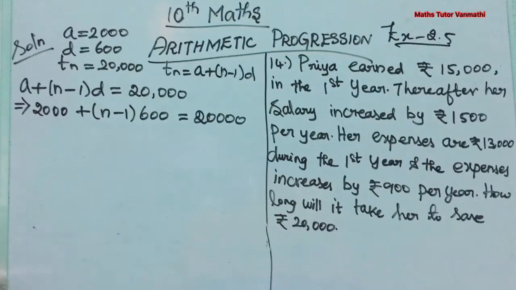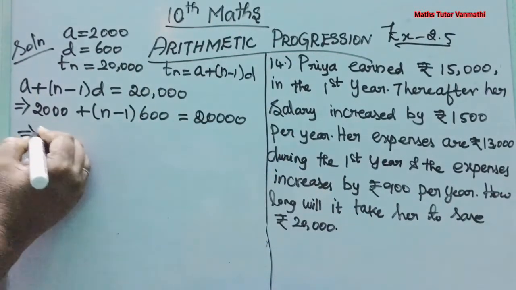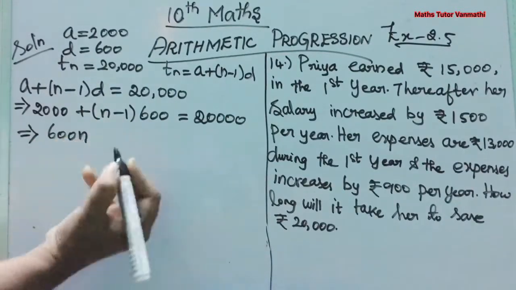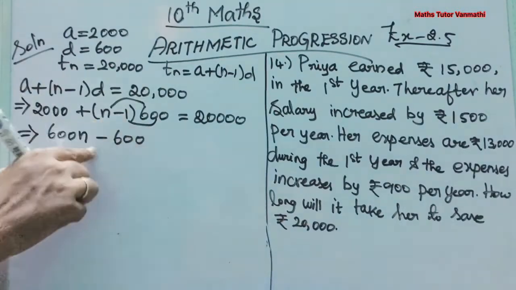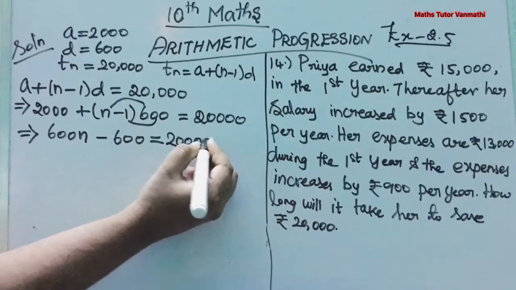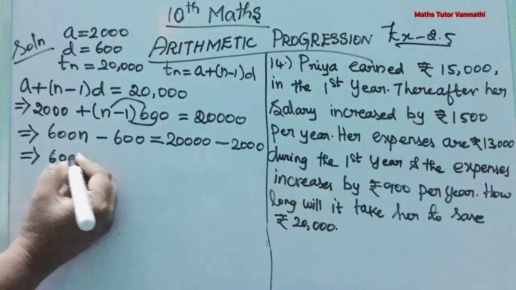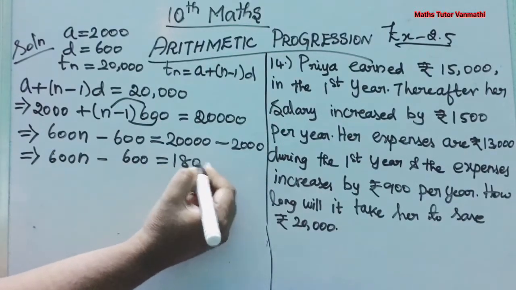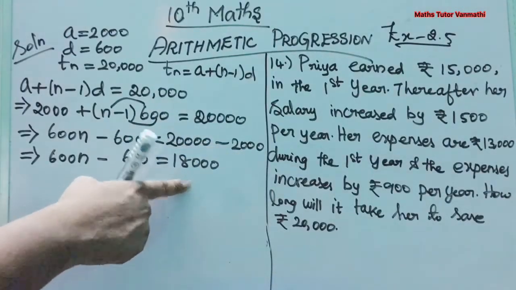Clear? Next, taking this 2,000 to that side, and multiplying the 600 here: 600 into n, 600n. And 600 into 1, 600. Here a minus sign is there, so I am putting minus. Which is equal to 20,000 minus 2,000. You will get 600n minus 600, which is equal to 18,000. 20,000 minus 2,000, you will get 18,000.